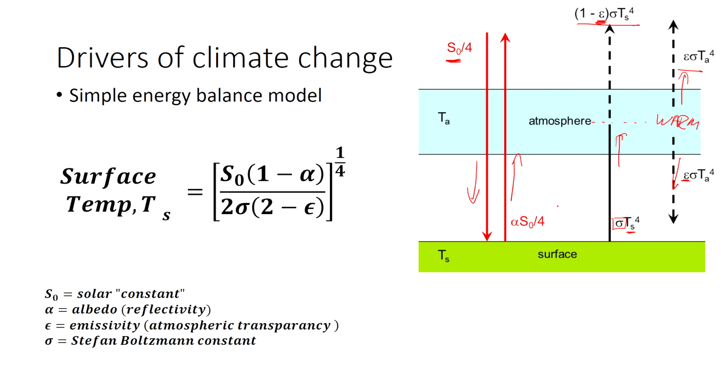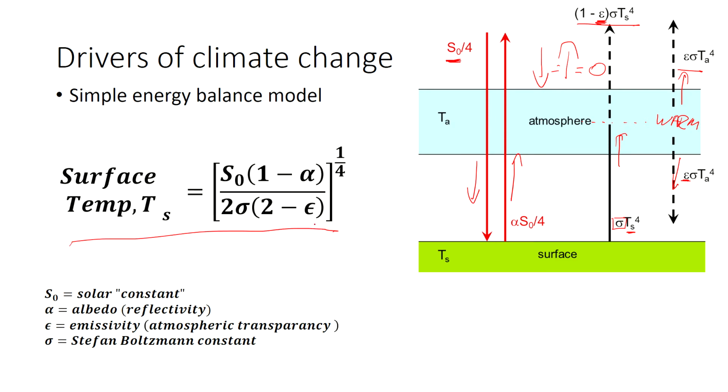If the system is in steady state, if nothing is changing and temperatures are not gradually increasing or falling, then the fluxes in and the fluxes out should sum to 0.